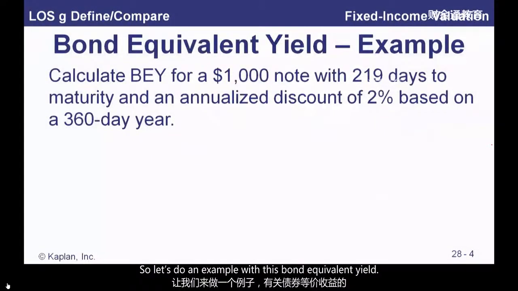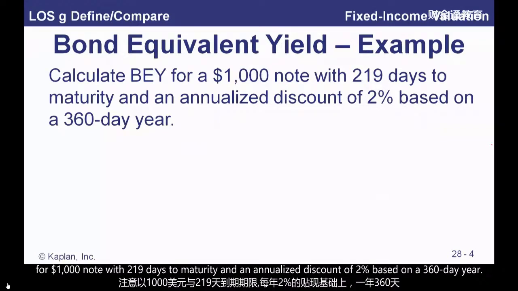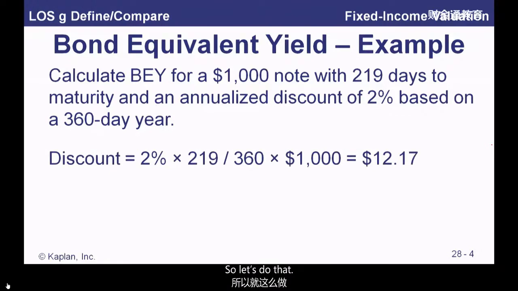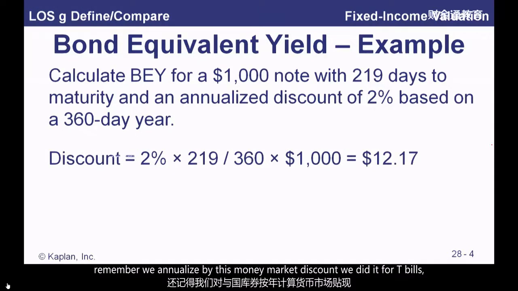So let's do an example with this bond equivalent yield. Calculate the bond equivalent yield, the BEY, for a $1,000 note with 219 days to maturity, an annualized discount of 2% based on a 360-day year. Well, we know about that. We need to unannualize that discount. Remember, we annualized these money market discounts. We did it for T-bills.